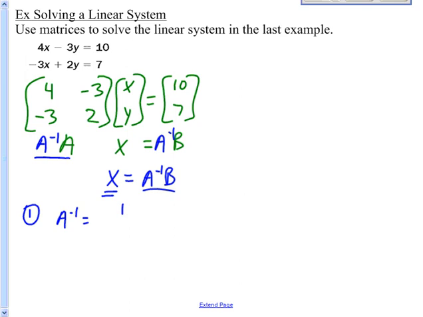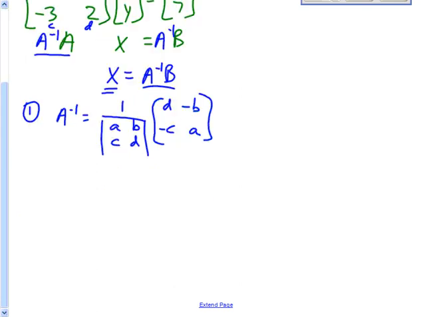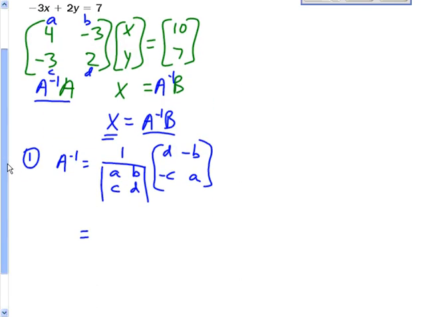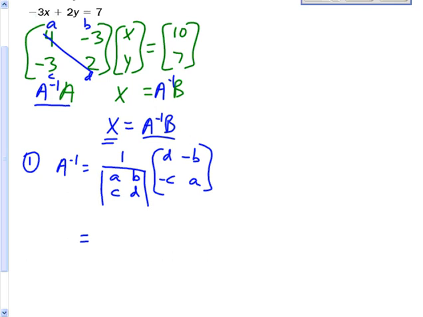So find A inverse. We took 1 over the determinant of A. Recall, for the matrix A, B, C, D, we multiplied it by D, negative B, negative C, A. So let's find the determinant here. 4 times 2 is 8, 8 minus -3 times -3, which is +9. So we got 1 over -1, which is just a -1 out front.